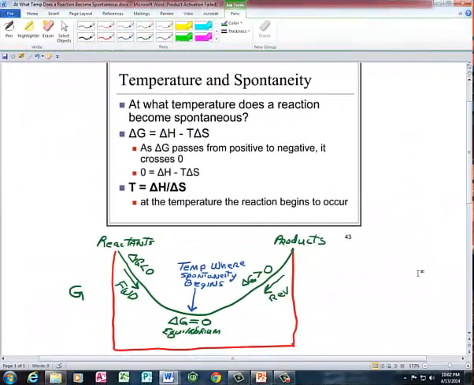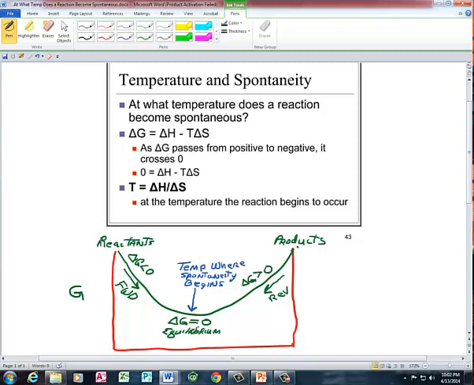What we want to do now is determine the precise temperature at which a reaction will actually become spontaneous. And what I want to draw your attention to is a diagram that I use quite often, an energy diagram, and this time with respect to the Gibbs energy of this particular reaction. We have reactants over here on the left indicating that if the reaction is moving in this direction, it's moving forward.